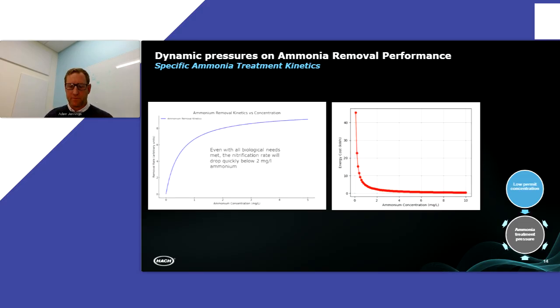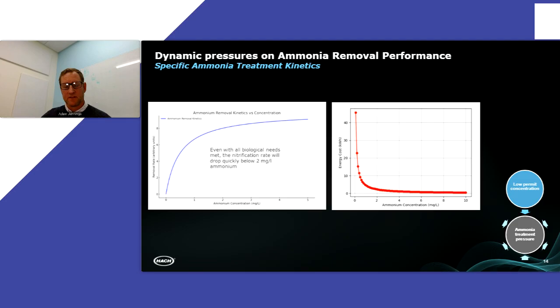So I put this one in here because we have more and more regulations. Even if you had an ammonia regulation, whether it's straight ammonia, total nitrogen, or another form that includes ammonia, for a long time, some of these facilities are getting tighter regulations.